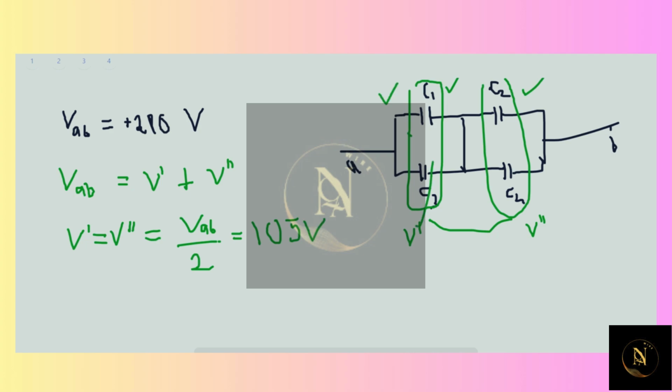So for this branch we have 105 volts, and for this branch we have 105 volts.